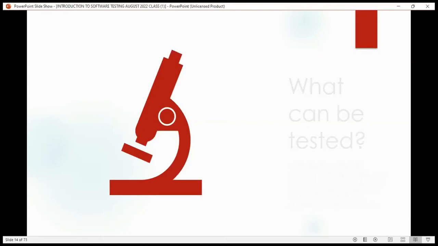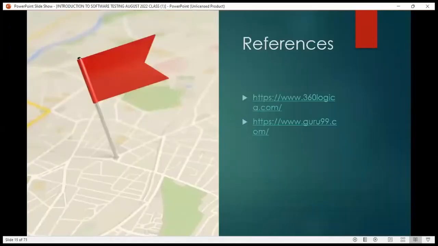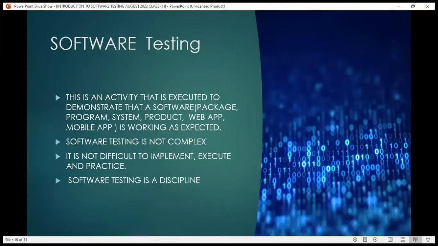An example is your internet browser, the games. These are book references, and a soft copy should have been sent to you. Use your Guru 99, use Google. There are loads of materials, thousands of materials out there for testing. Software testing. So this is a discipline. So it's more in-depth into software.